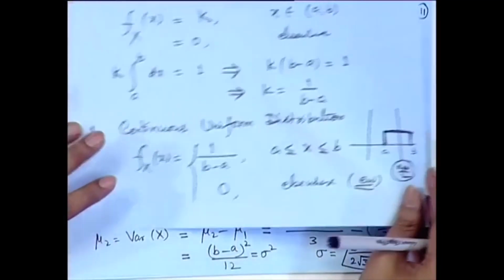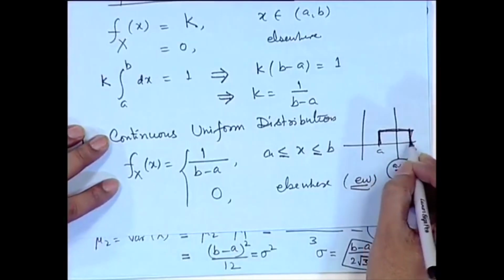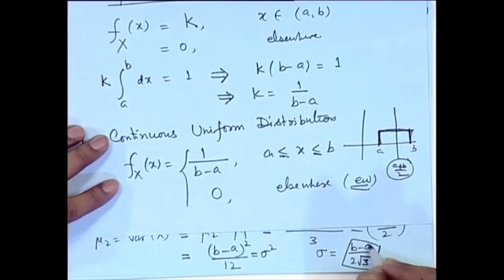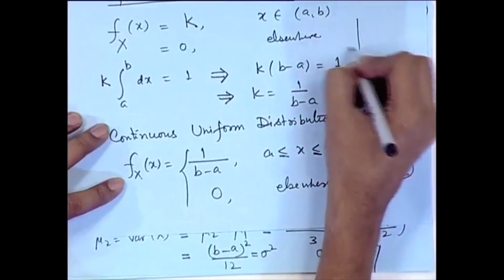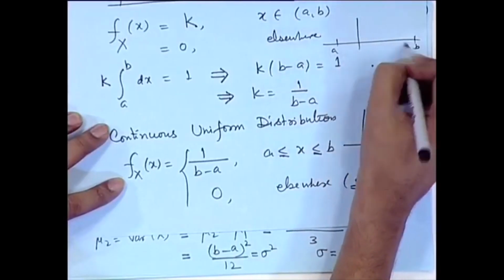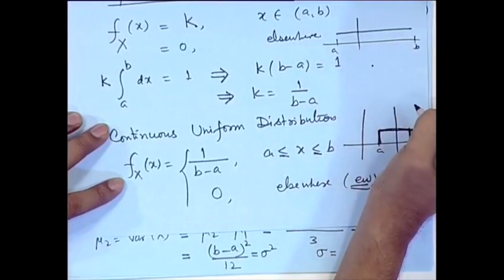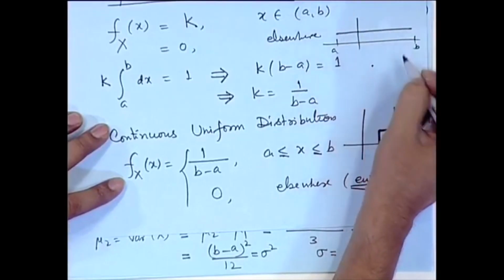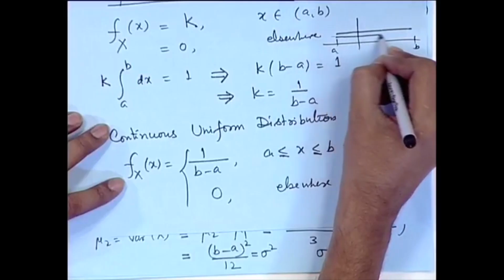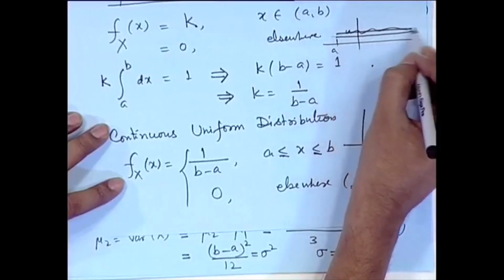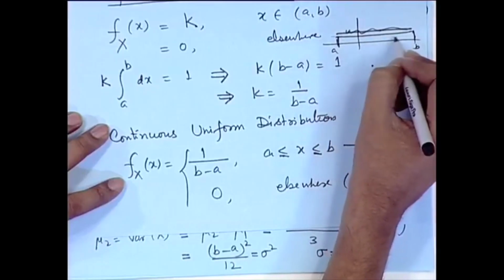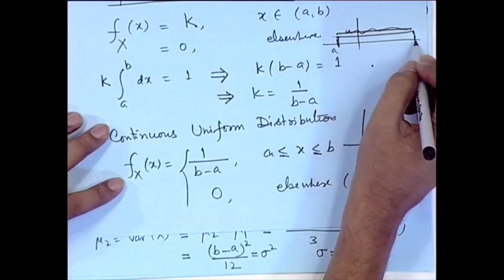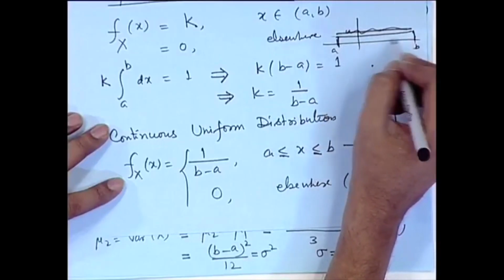However, if b and a are far apart, that means if b minus a is a large number, then even after division the variability will be high. For example, you have too much flatness, say a to b, and the value of this is 1 by b minus a. So, basically it will become much smaller here if you plot 1 by b minus a. That shows that the variability increases if the range of the distribution increases.